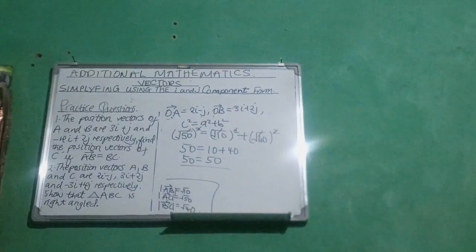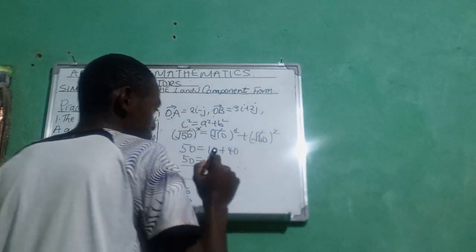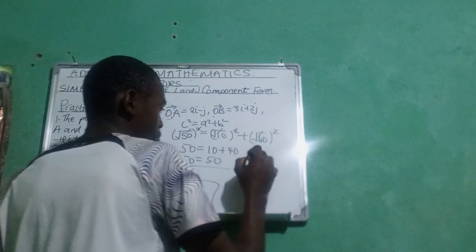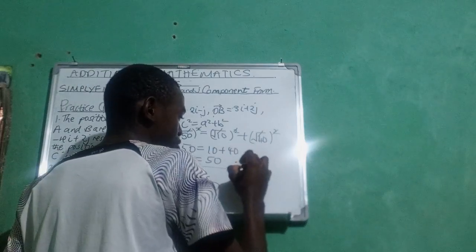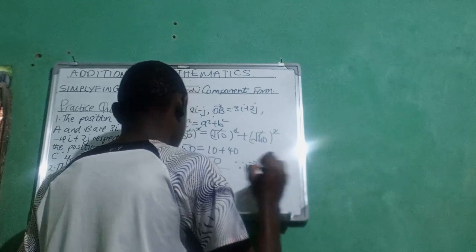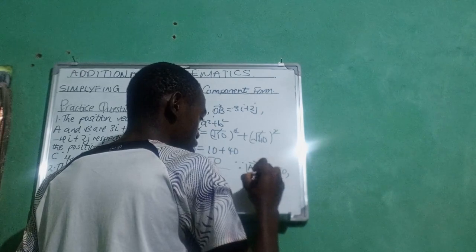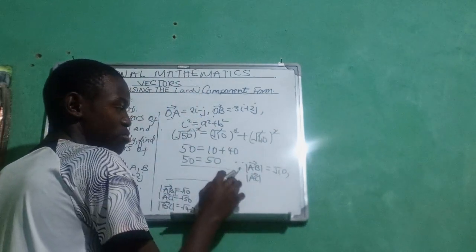So upon proving that 50 is equal to 50, you say, therefore, or let us start by saying, because the magnitude of AB is equal to square root of 10. This upside down symbol, therefore, means because.